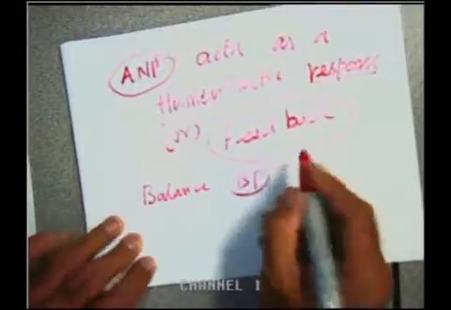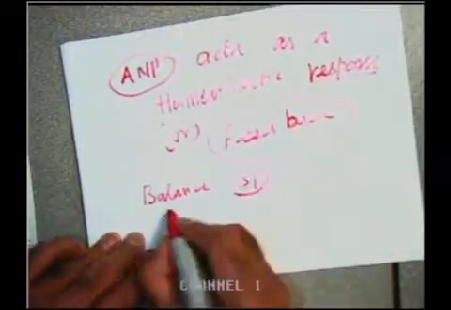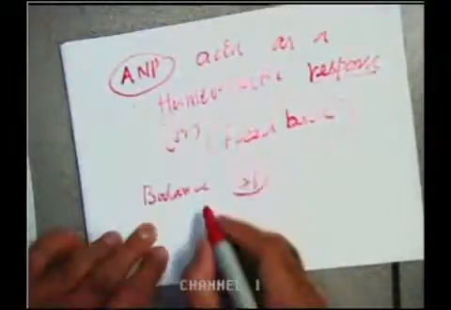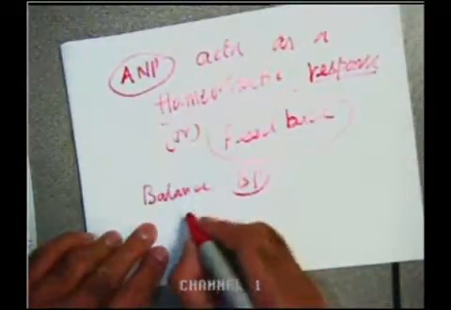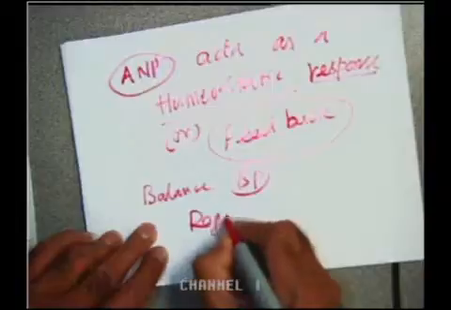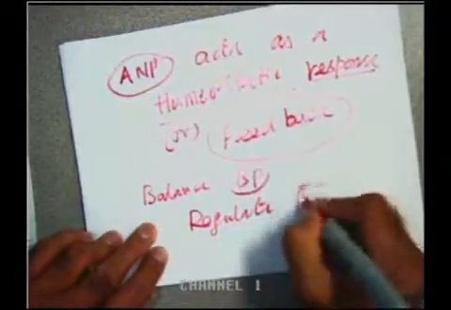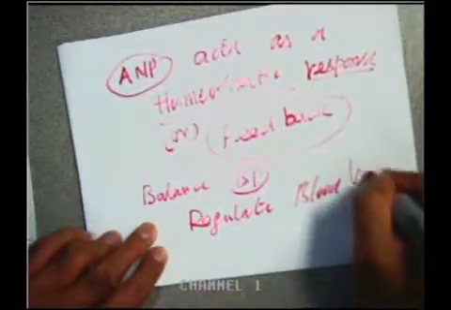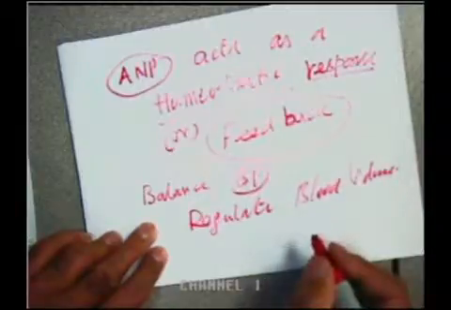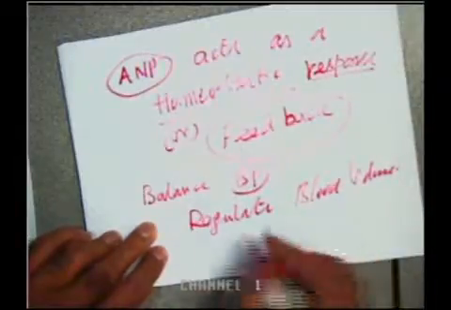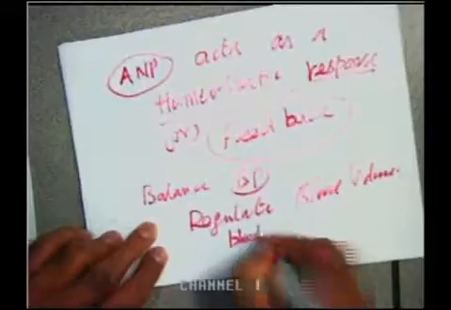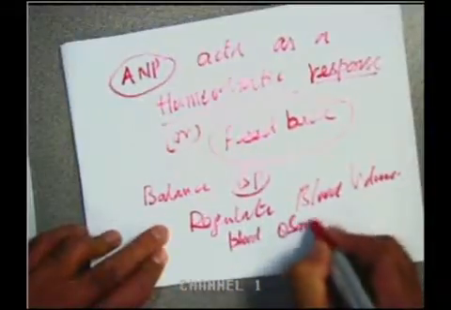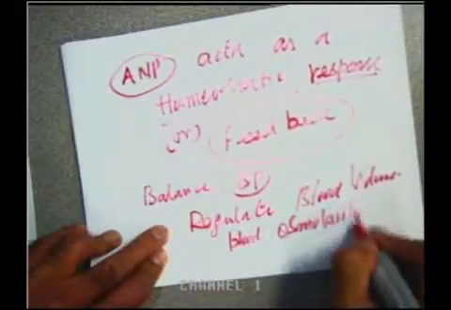We need these components, and also the ANP and AVP, which regulate blood volume and also blood osmolarity. It maintains or balances, and we always keep it in check, right?